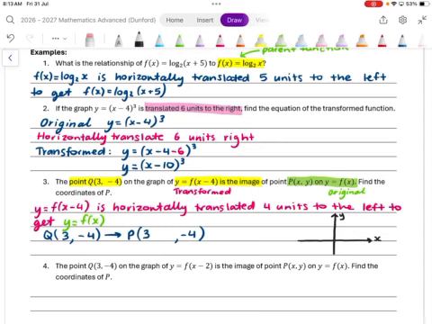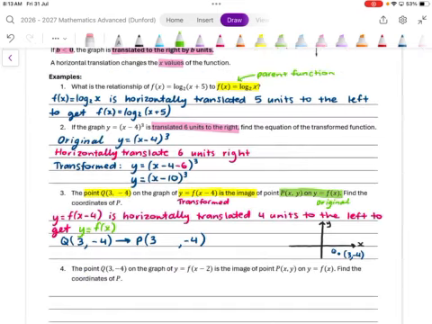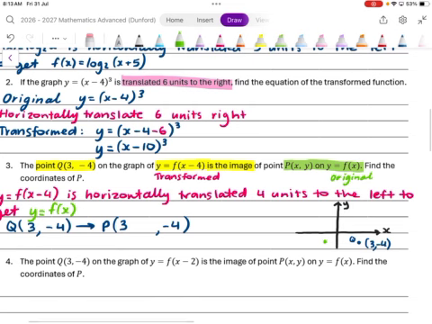If we have our original point (3, -4), it could be here, right? So that's our point (3, -4), and that's our point Q, correct? Now, we want to move that to the left by 4 units. So if we're moving that to the left by 4 units, we want it to become over here, and what will the point over here become? It will be (-1, -4) at point P.